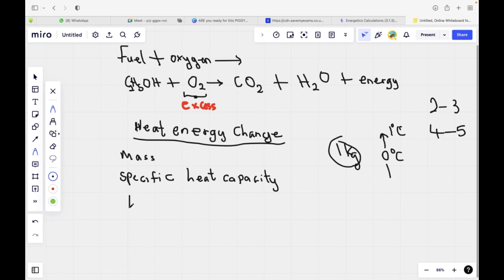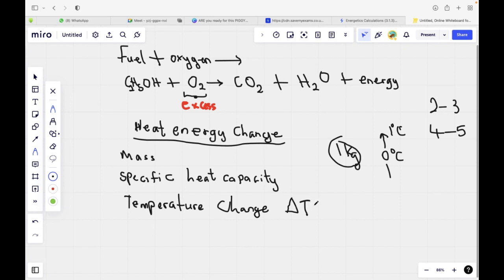And you also need the temperature change, or change in temperature. The final minus initial temperature is called temperature change. So when we say temperature change, we are saying the final temperature minus the initial temperature. We write it like this, delta T, change in temperature.